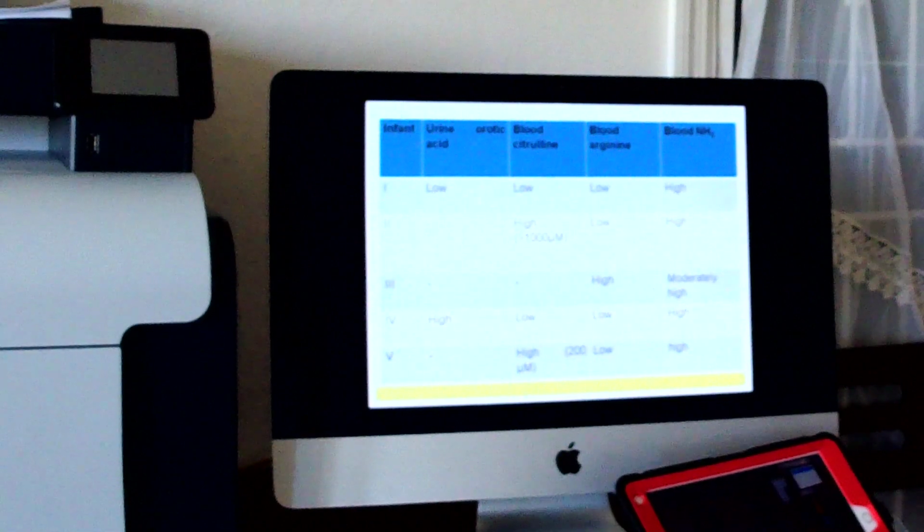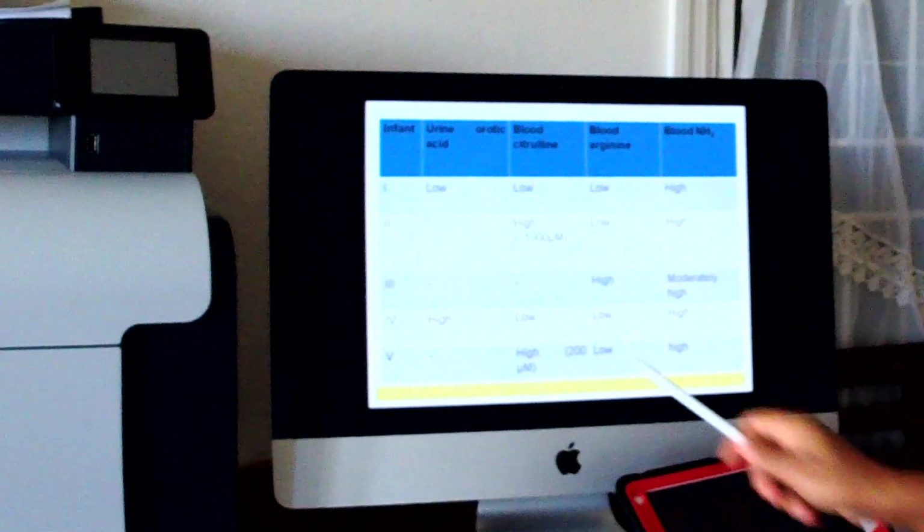Citrulline is converted to argininosuccinate, which has to be broken into arginine and fumarate. So if that reaction is affected, if there is a deficiency of argininosuccinate lyase enzyme, which breaks argininosuccinate into fumarate and arginine, it will lead to elevation of argininosuccinic acid, which is not really mentioned here.